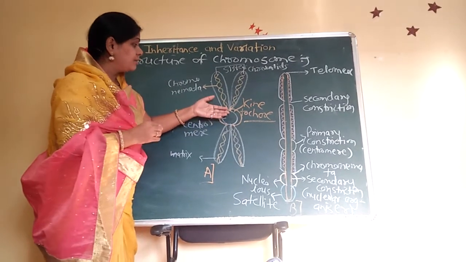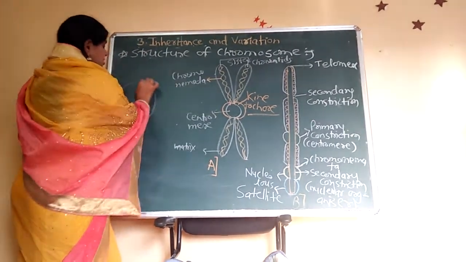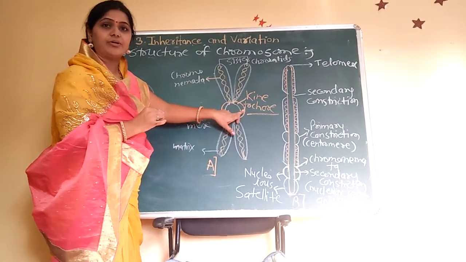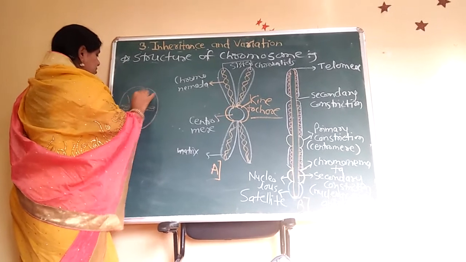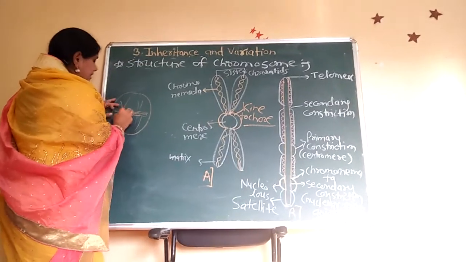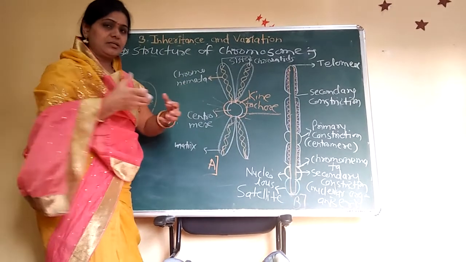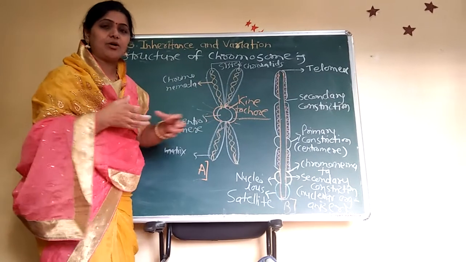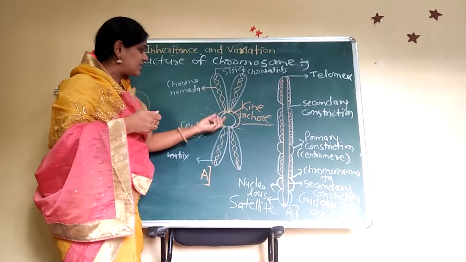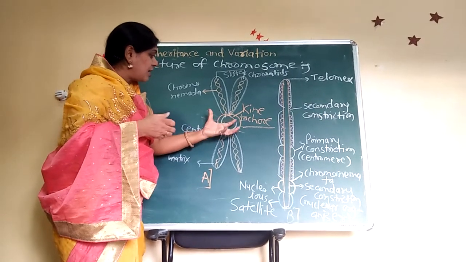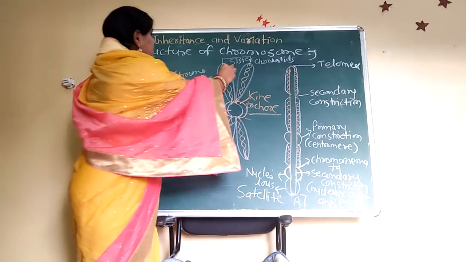It is called the kinetochore. Then this is the chromonemata.